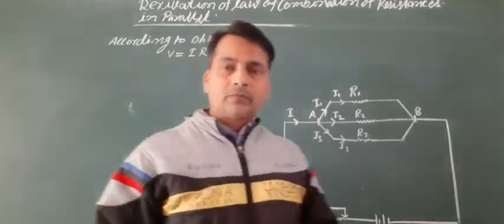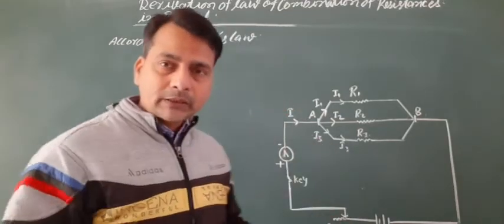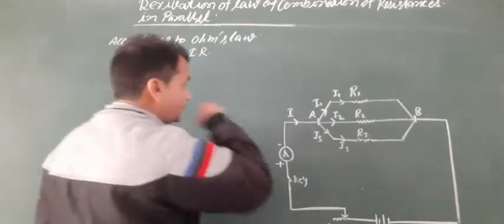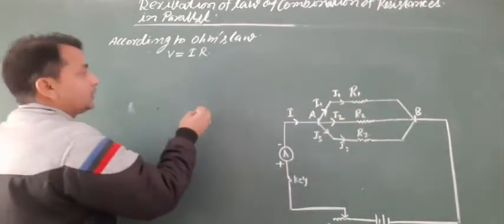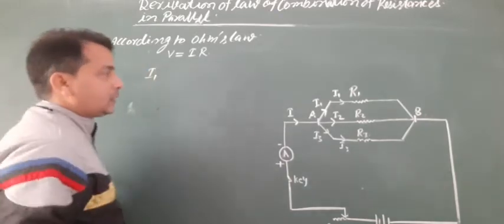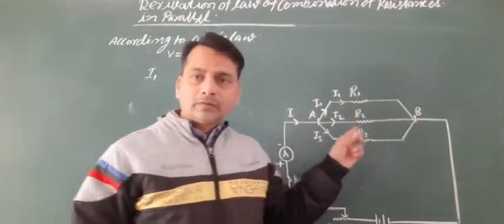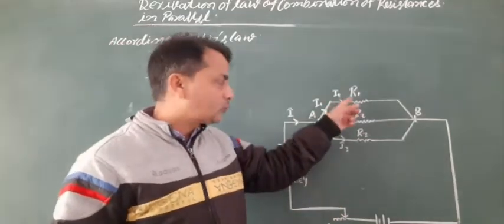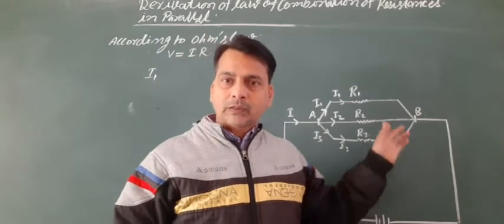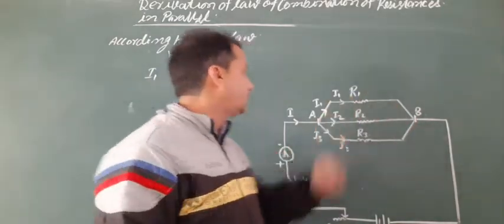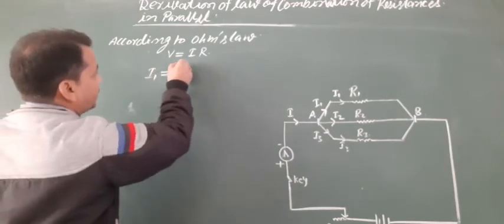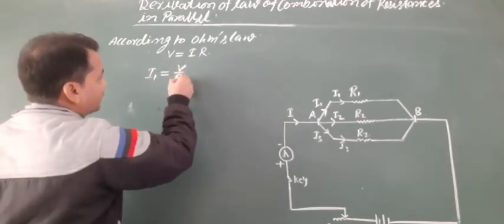Now the current passing through the resistor R1, we calculate current I1, which flows through the resistor R1. So the current passing through the resistor R1 is I1 equal to V by R1.